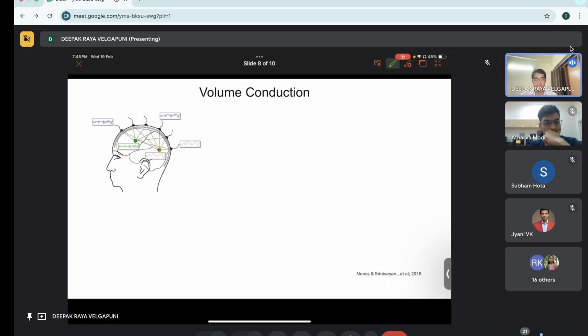But let's say there is a dipole here, the one which I marked green right now, and this can cause a potential change at this electrode, and even at the farthest electrode. Similar thing happens for a dipole taken here. So localizing what exact source in the brain is causing this kind of potential is very difficult with EEG.